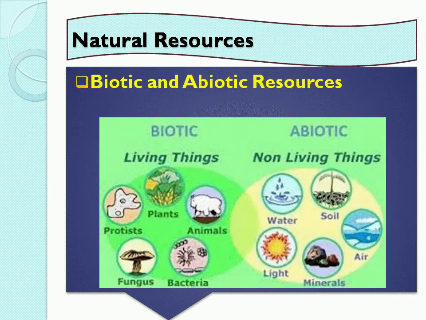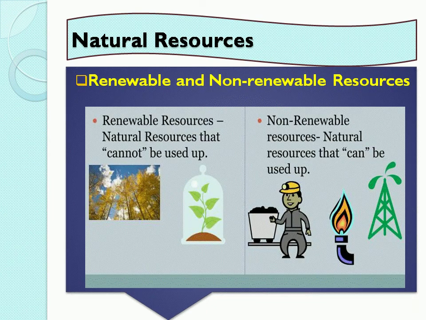See the next one, children, biotic and abiotic resources. Abiotic resources means non-living things such as water, soil, air, minerals and light. Then biotic resources. Biotic resources means living things, that is plants and animals. Then the third one, renewable and non-renewable resources.